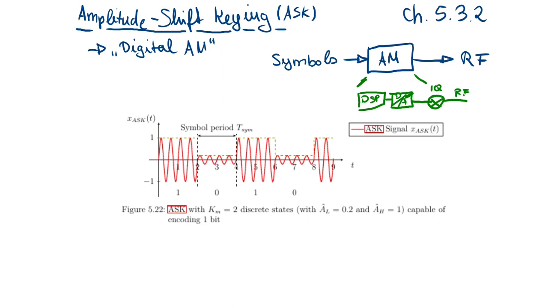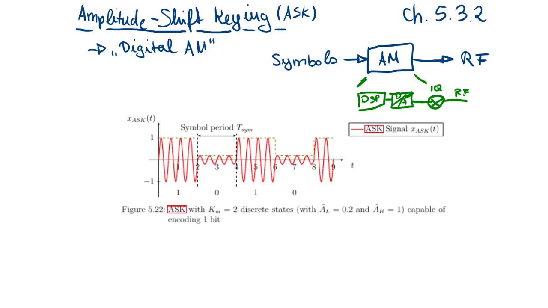And as in the analog amplitude modulation, the amplitude level is changed according to the symbol. So the parameter of the carrier which is altered here is the amplitude. This is why this is the digital form of the amplitude modulation.